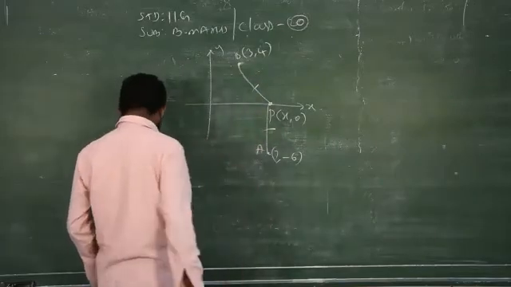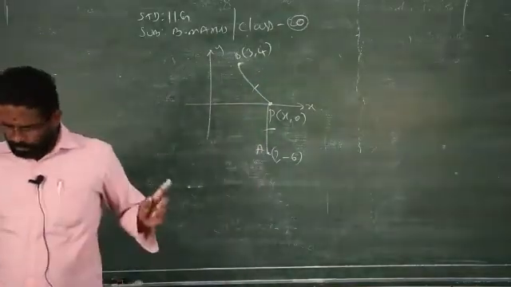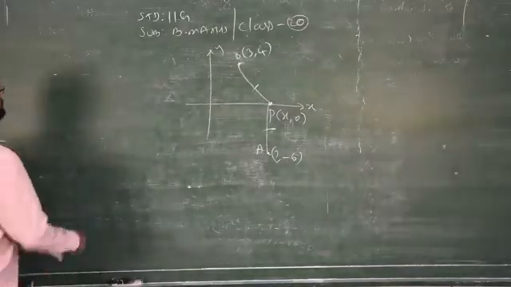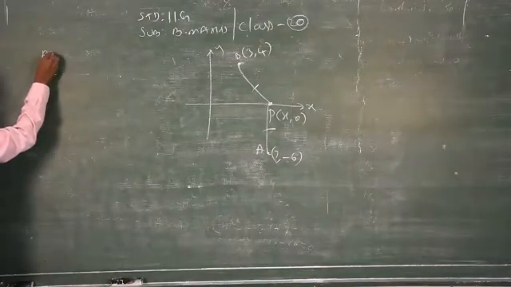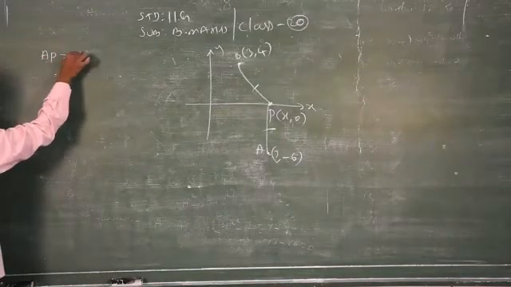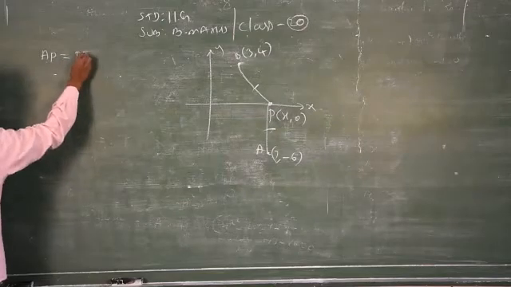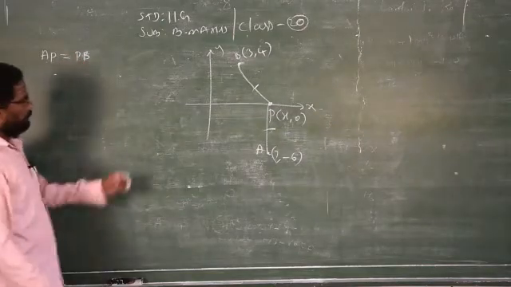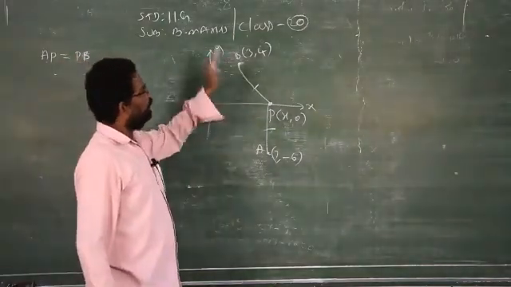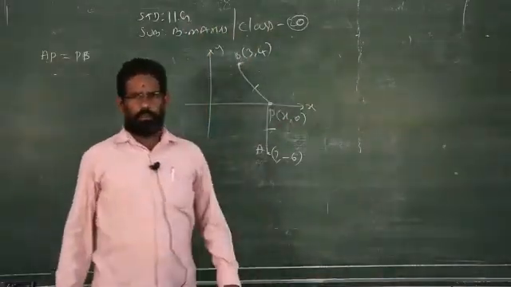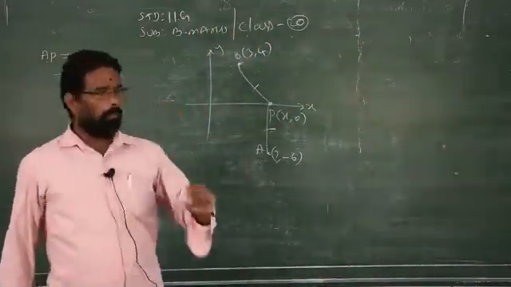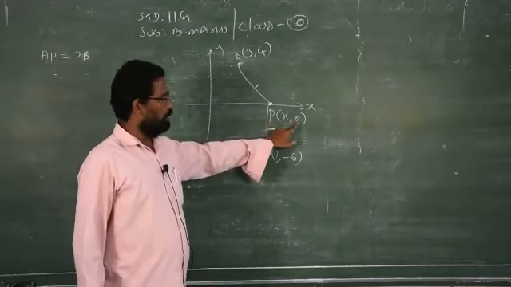It is given very clearly that the point is equidistant from these two points, which means AP is equal to what? PB. A diagram is not necessary, boys. You can draw the diagram roughly without a graph. But remember, for a point on the x-axis, y is always 0.